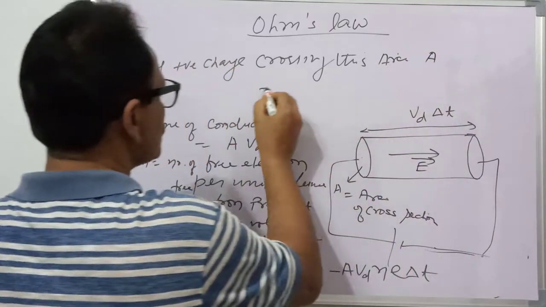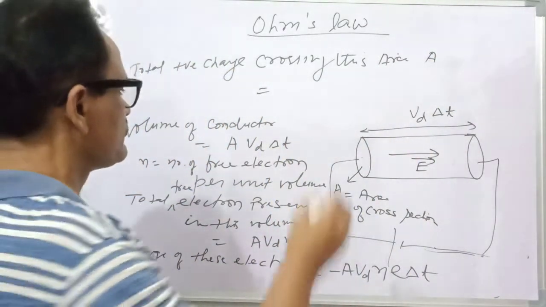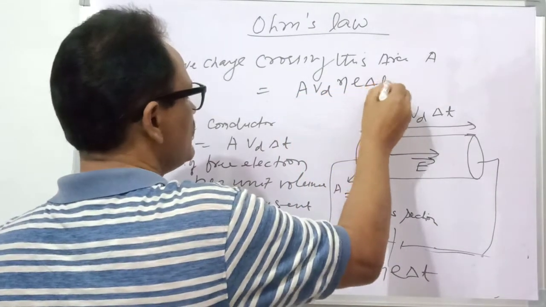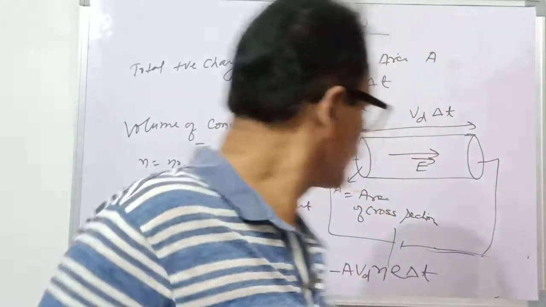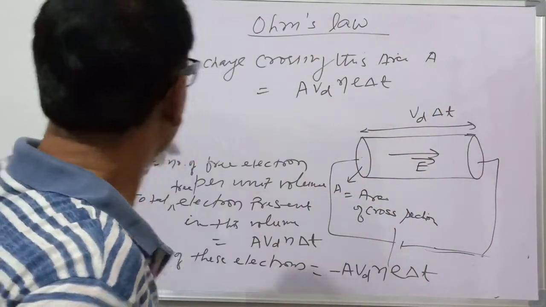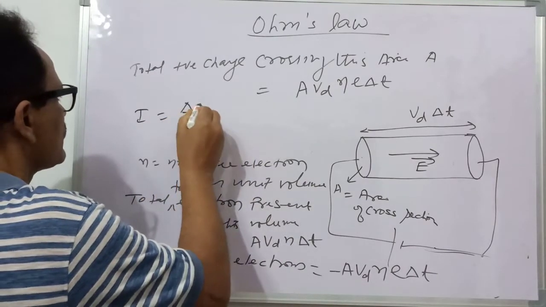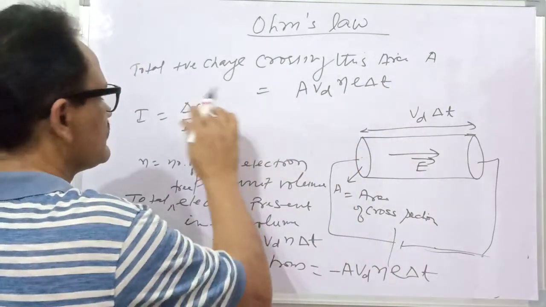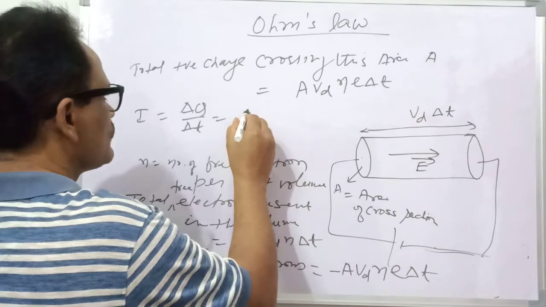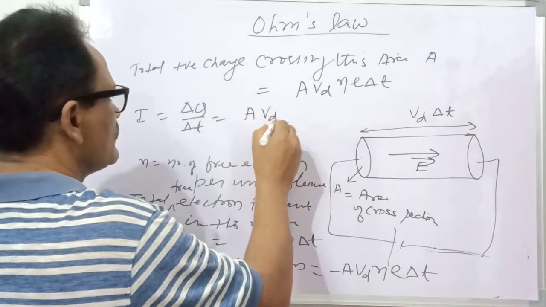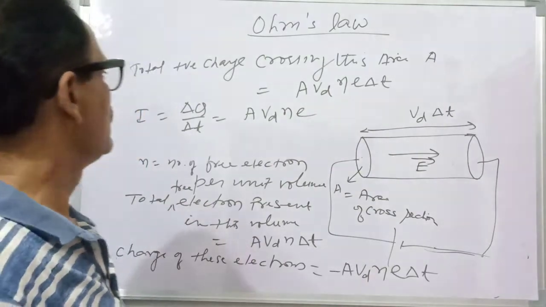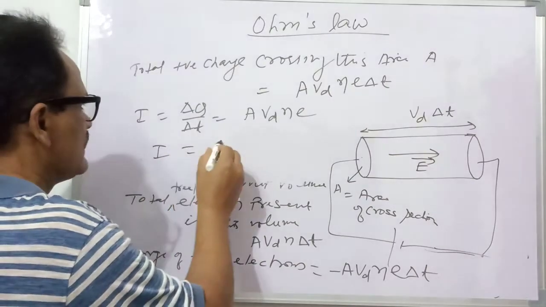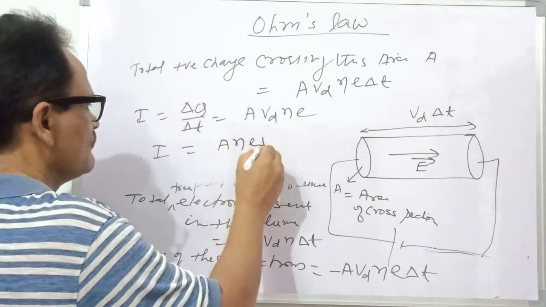is, now this sign will be positive, so A Vd n e delta t, and the electric current I is delta Q by delta t, and hence delta t will cancel, so it is equal to A Vd n e, and thus we can say that I is A n e Vd.